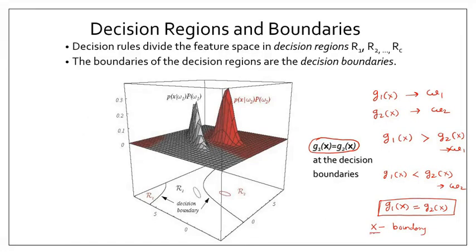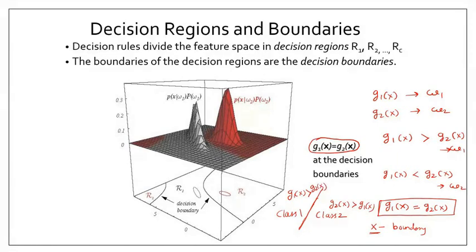Okay, so all such x values, if I collect together, then it will make a decision boundary for two classes. One side of the decision boundary is class 1 and the other side is class 2. So here g2x is greater than g1x, this side of the line, and this side g1x is greater than g2x.